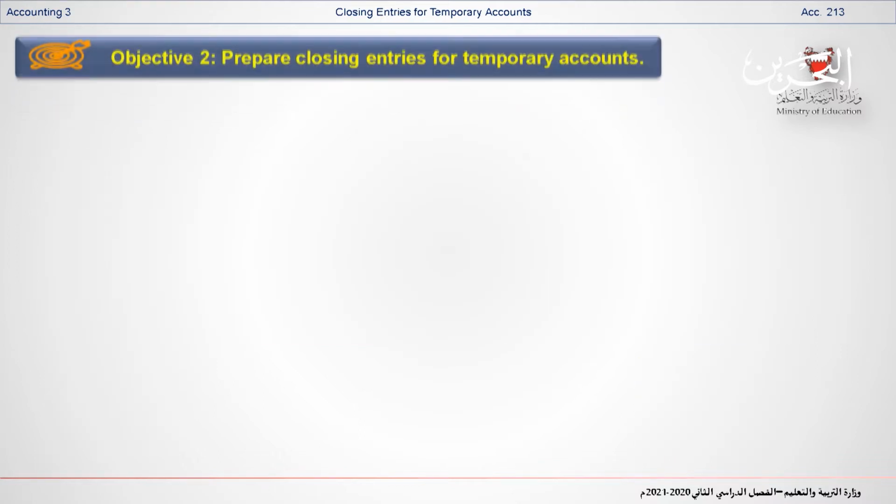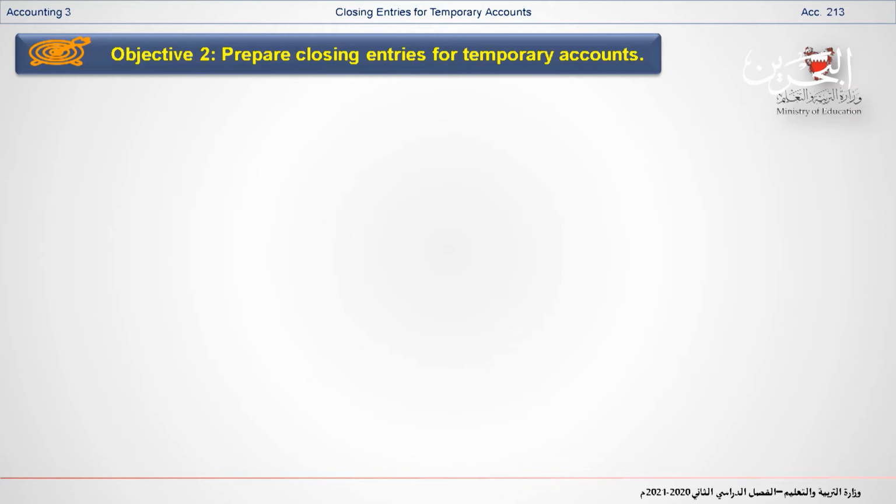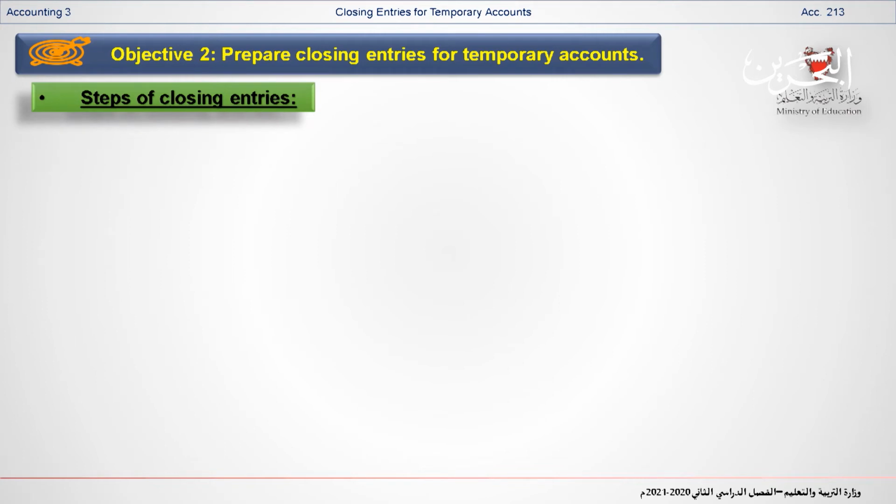Dear student, our second objective of the lesson is to learn how to prepare closing entries for temporary accounts. In preparing closing entries, companies close the revenues and expenses accounts to another temporary account called income summary, and they transfer the resulting net income or net loss from this account to the owner's capital.